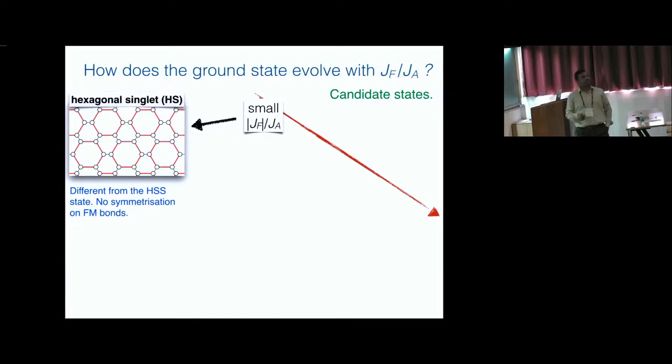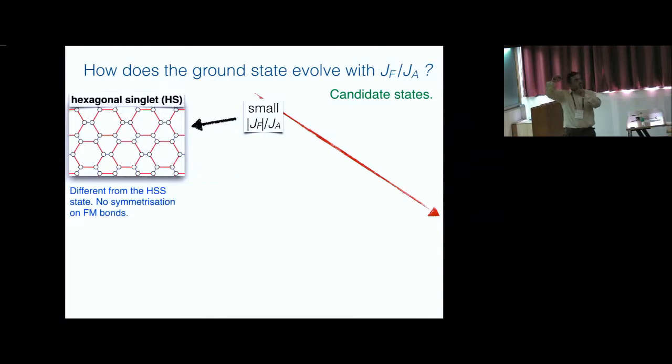So let us look at the weak coupling case, when the hexagons are very weakly coupled. In that case, starting from an ideal point when JF is 0, it is not unreasonable that these hexagons form a local singlet. This cartoon shows that on each hexagon, these red lines are singlet states, and they are weakly coupled. This is a hexagonal singlet state, but it is different from the HSS of Hida, because remember, Hida was also doing symmetrization.